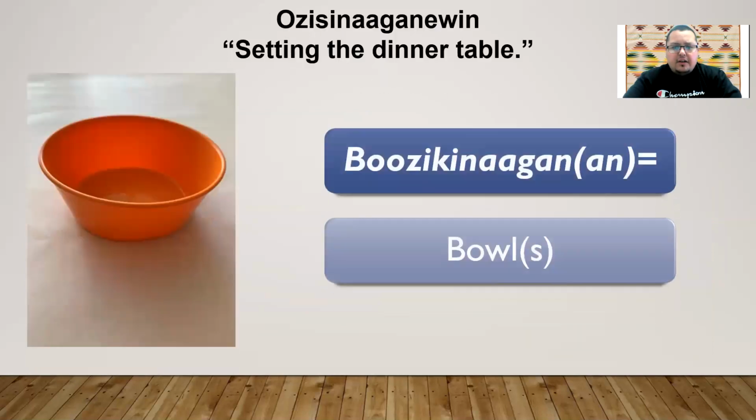Next one we have is Bizhakanagan, one bowl. Bizhakanaganan, two or more bowls.